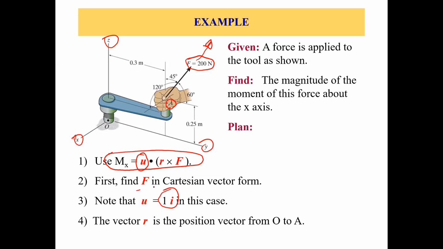So we already know the value of this unit vector u. Then we need to find the position vector r_OA, which is the position vector from point O to point A. Once we have these, we can use the triple scalar product to find M sub x.